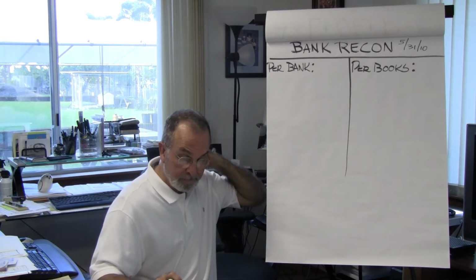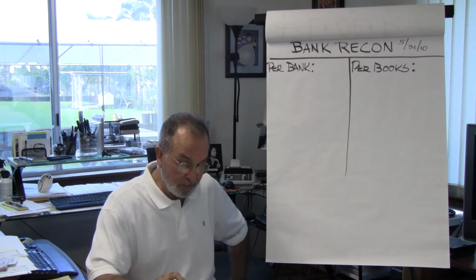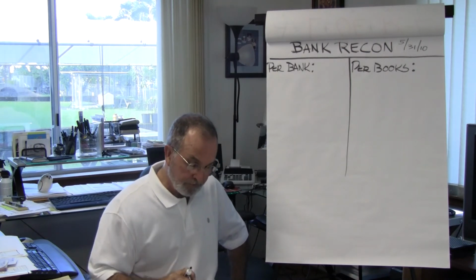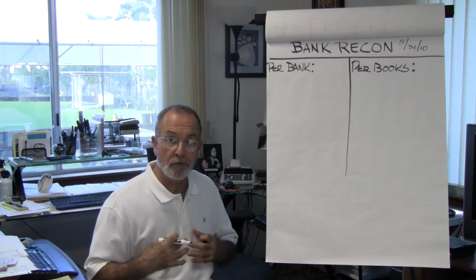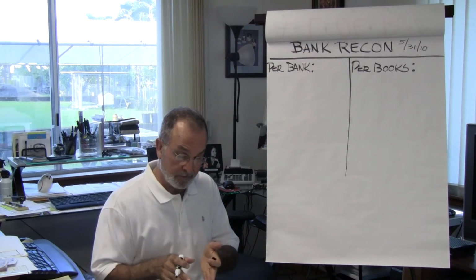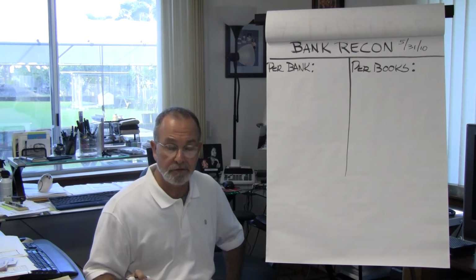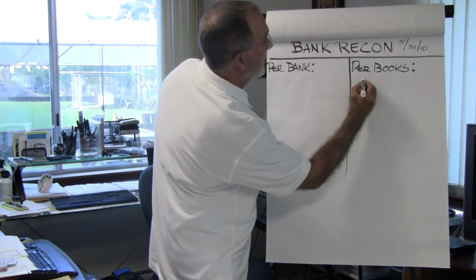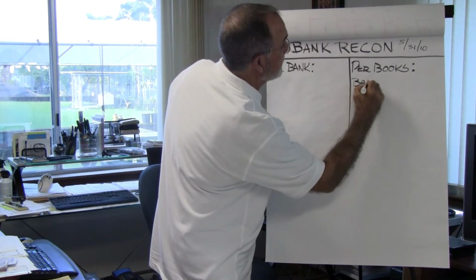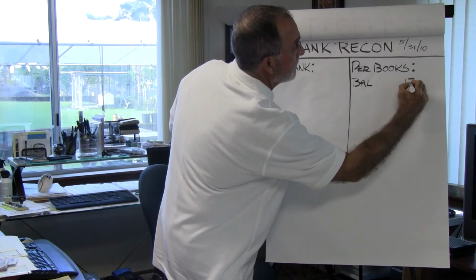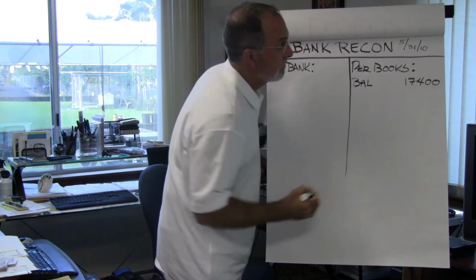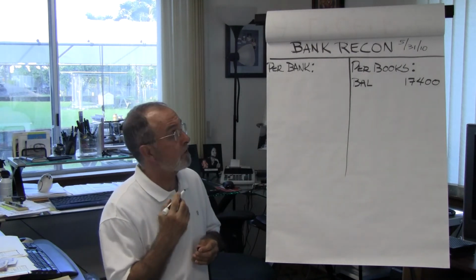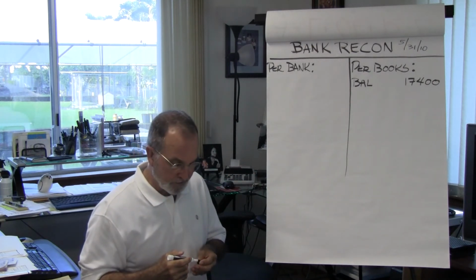And again, it said that there was a deposit in transit at the end of May. So our May 31st balance, according to our records, taking a look at the T account shown in the problem, is $17,400. So we would start with that balance on our bank reconciliation on the book side of the reconciliation.